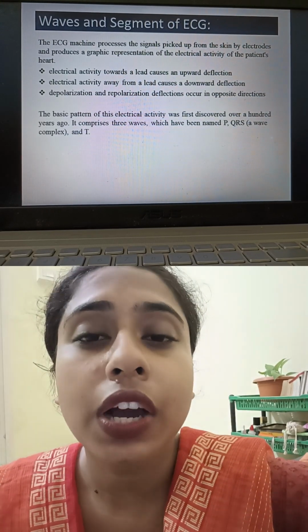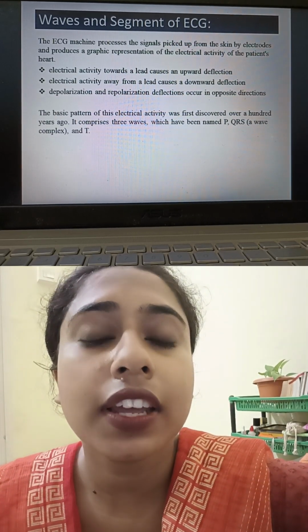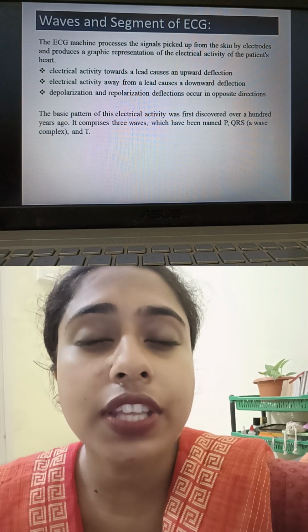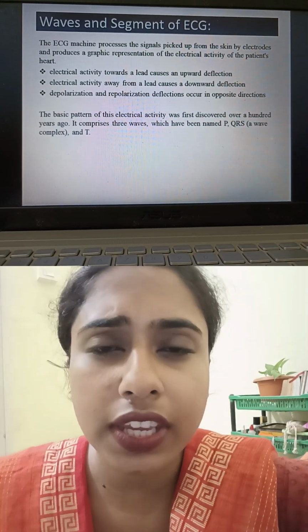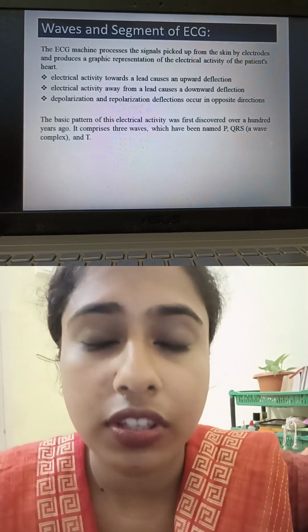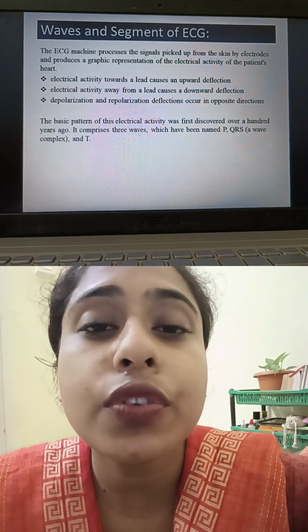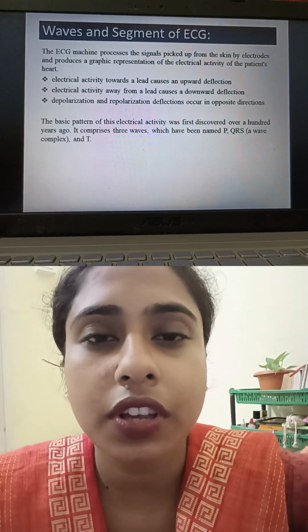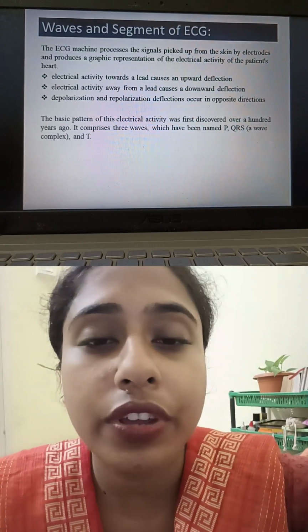In basic, normal ECG interpretation, there are three waves. First one is the P wave. Second one is the QRS complex. In the QRS complex there are also three waves: Q, R, and S wave.